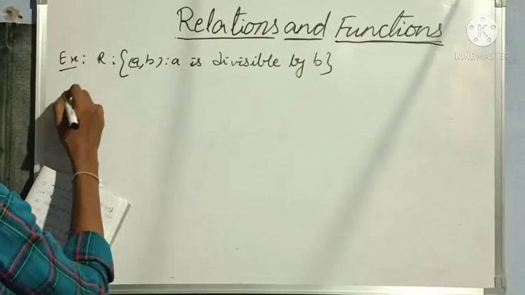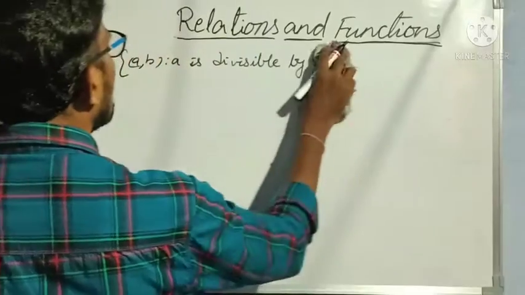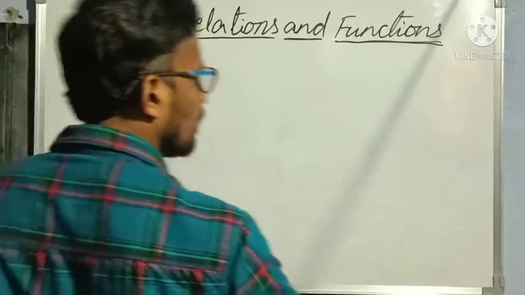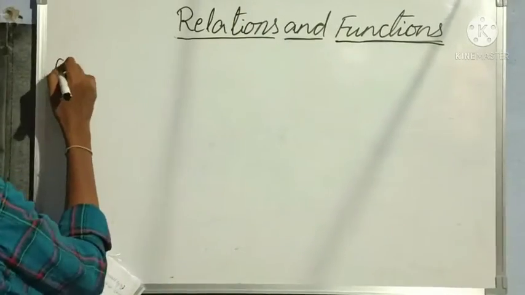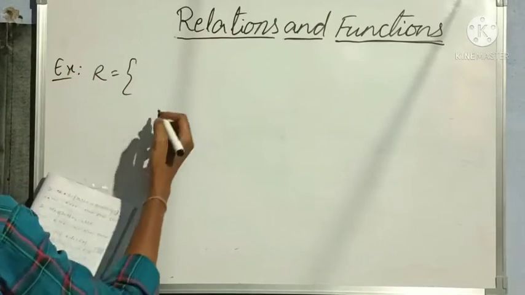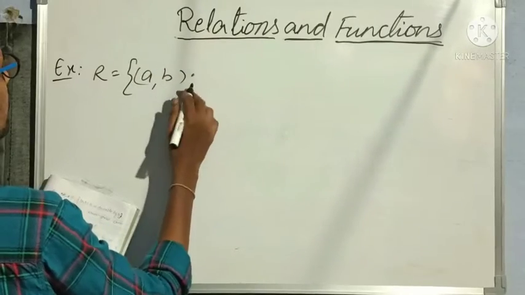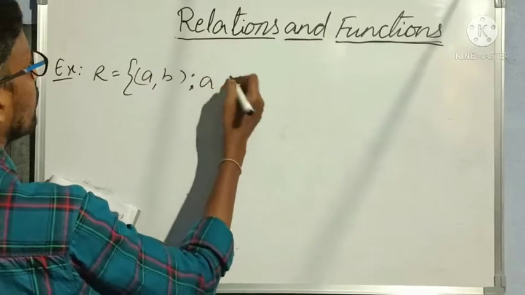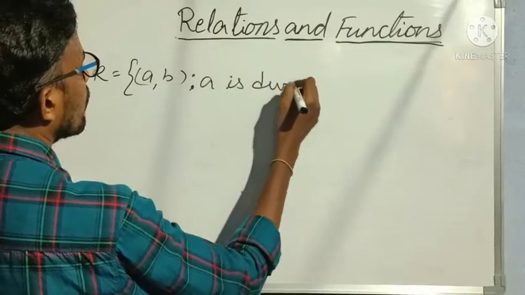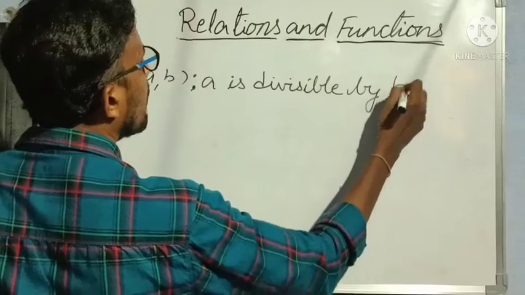So now I am taking problems with options also here. Somewhat big, right? So the example: R is equal to {(A, B) such that A is divisible by B}.